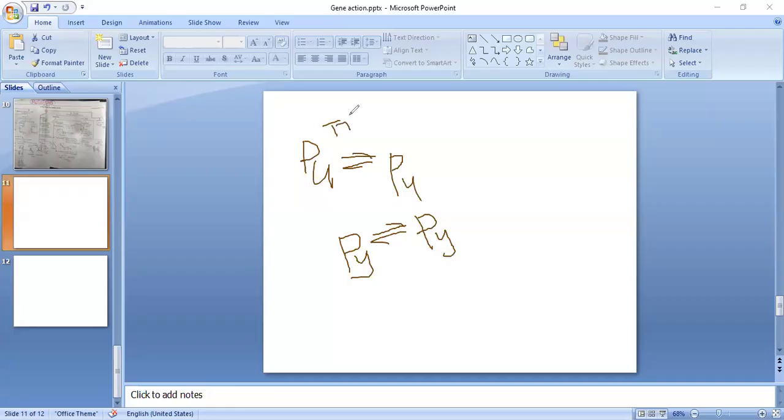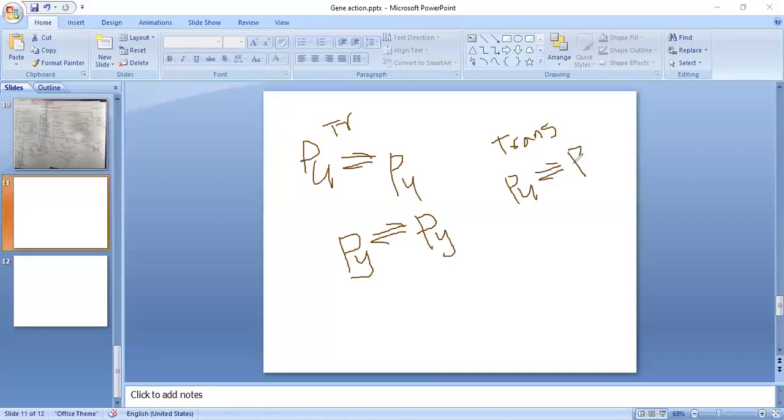Okay, transitions. So what about transversions? Transversion is another substitution type of mutation in the genetic material. In this case, purine is replaced with pyrimidine, not purine.